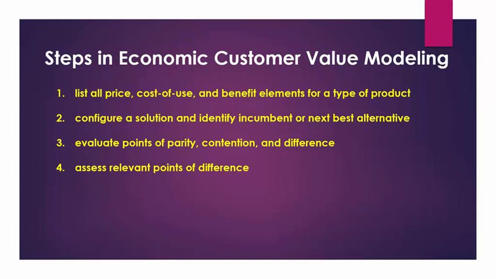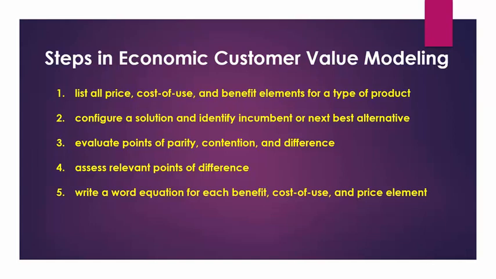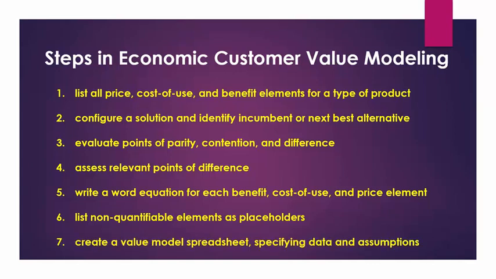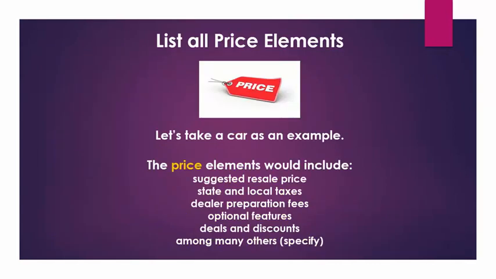We focus our analysis on relevant points of difference. We write a word equation for each benefit, cost of use, and price element. We also list non-quantifiable elements as placeholders. And then lastly, we create a value model spreadsheet in which we specify our data and assumptions.